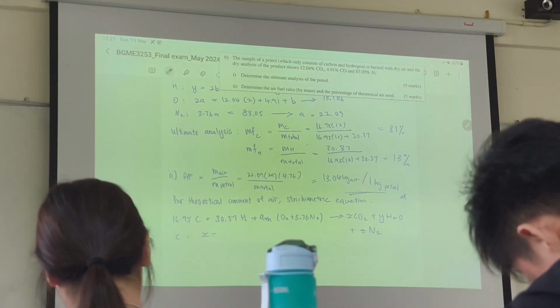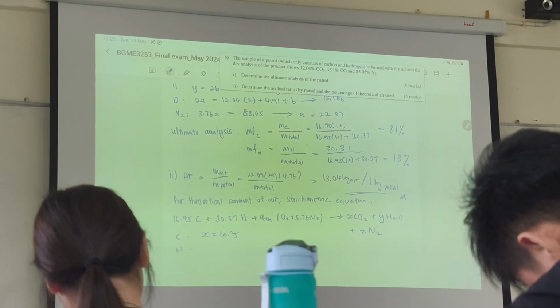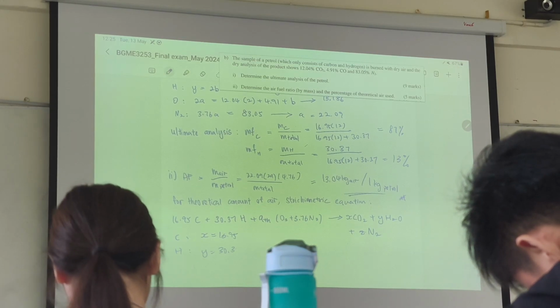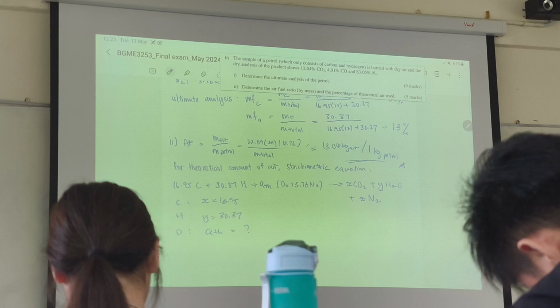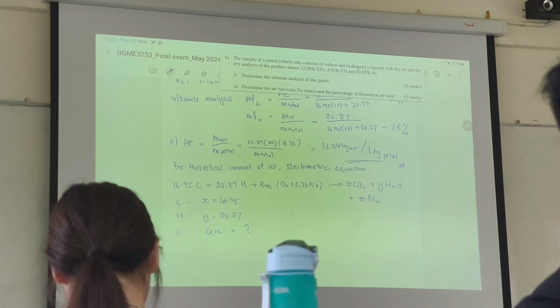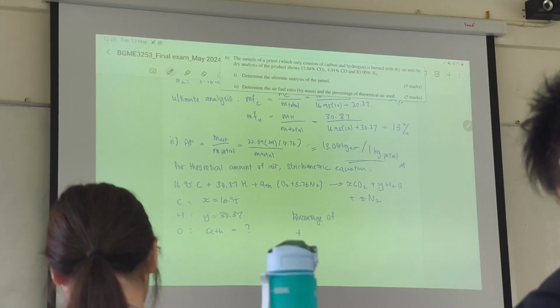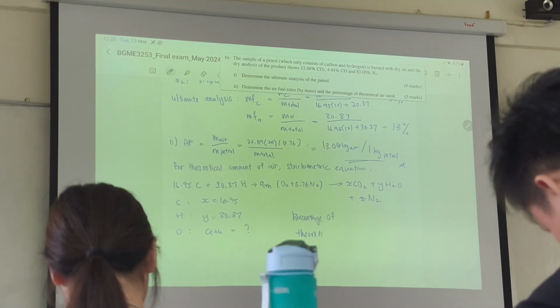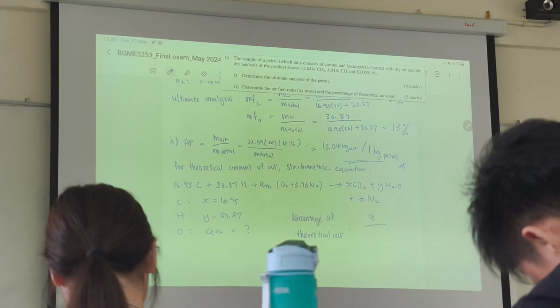So you will see that x is back here 16.95, and then y is just 13.37. Then O, you can find A_th. So you only need to find up to A_th. Then the percentage of theoretical A is just A over A_th.